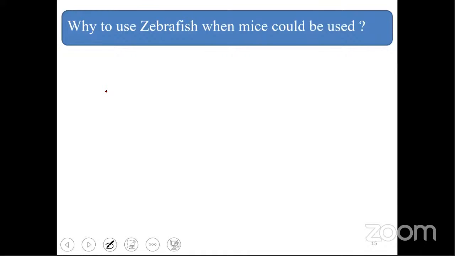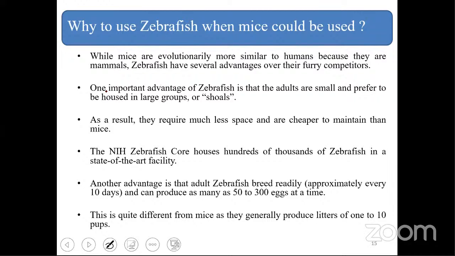Now the CPCC is recommending that, instead of mice or rats, if possible, you go with the zebrafish. For that reason I'm making this slide right now. While mice are evidently more similar to humans because they are mammals, zebrafish have several advantages over their furry competitors.